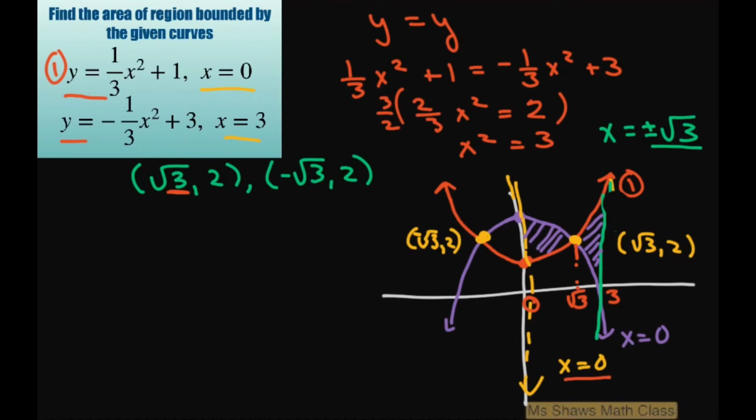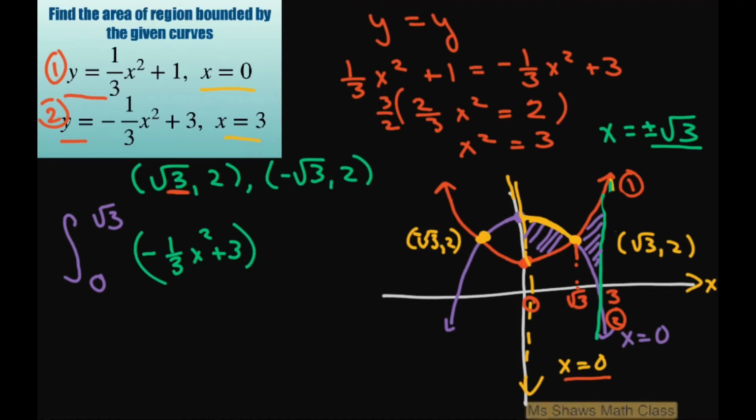Now, to set it up, we're going to look at the integral from 0 to square root of 3, and you look at this upper part of the curve. You always go top to bottom, especially if we're doing this with respect to x. The upper part of the curve goes with this number 2 equation, which is negative 1/3 x squared plus 3.